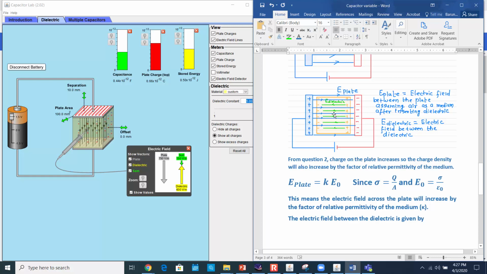Okay, so now let's calculate it. The electric field between the plates will increase by 5 times. What is E naught?